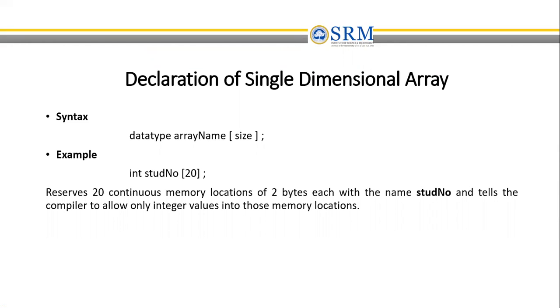It will reserve 20 continuous memory locations of 2 bytes each, since an integer is 2 bytes here. It tells the compiler to store the integer values into those memory locations.